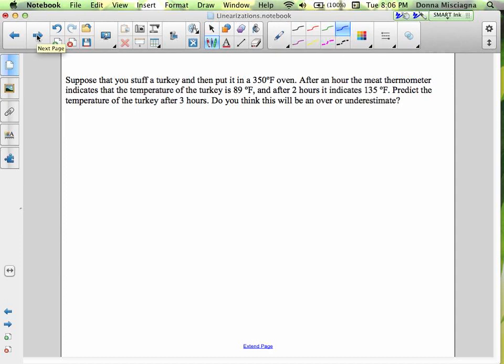All right, so let's think about this. So I see the word predict. I want to approximate or estimate. We're going to use a linear approximation method.